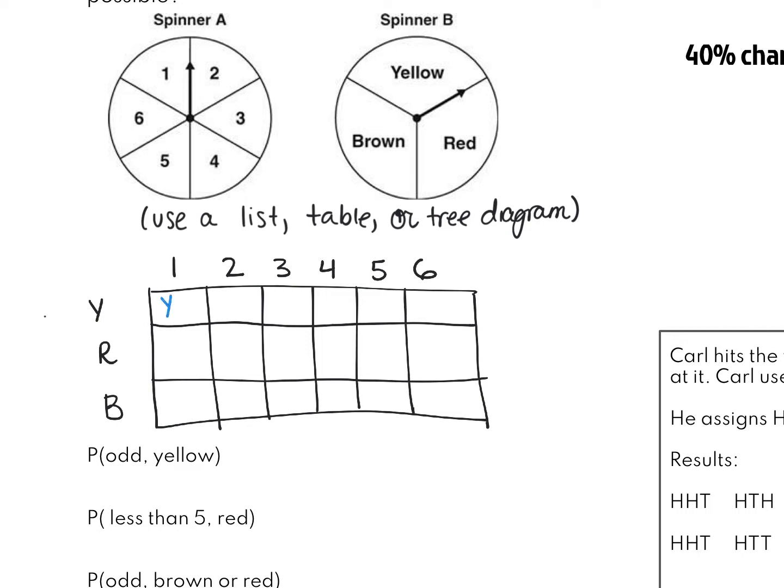So this would be yellow 1, yellow 2, yellow 3, yellow 4, yellow 5, yellow 6, red 1, red 2, red 3, red 4, red 5, red 6. And what I'm doing is I'm just creating all the combinations that we can have.